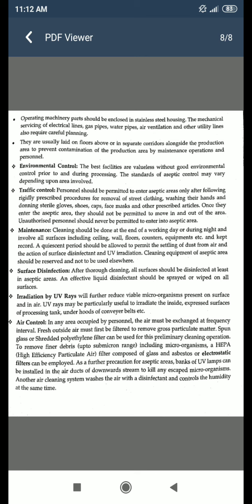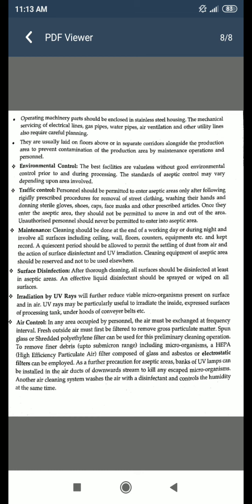The mechanical servicing of electrical lines, gas pipes, water pipes, air ventilation and other utility lines also requires careful planning. Then they are usually laid on floors above or in separate corridors alongside the production area to prevent contamination of the production area by maintenance operations and personnel.